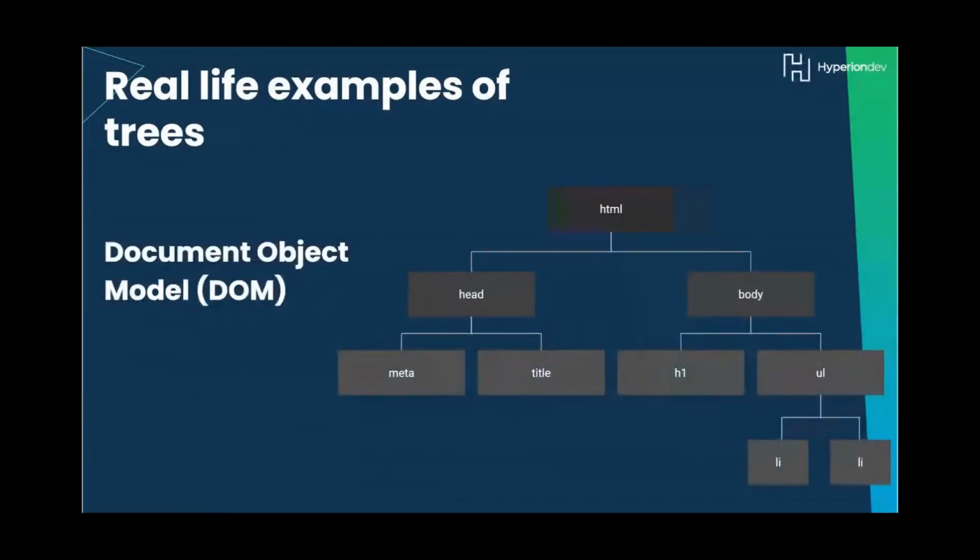The next example, for all the web devs out there, you can see that the DOM is actually another example of a tree, knowing that each HTML file would start off with your HTML tag, and then we would have your head, body, and all of the tags that would follow in them.